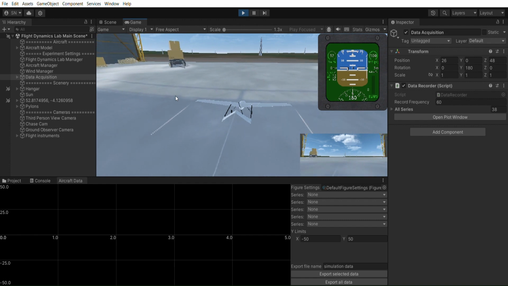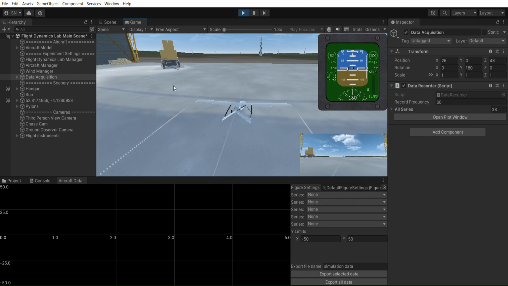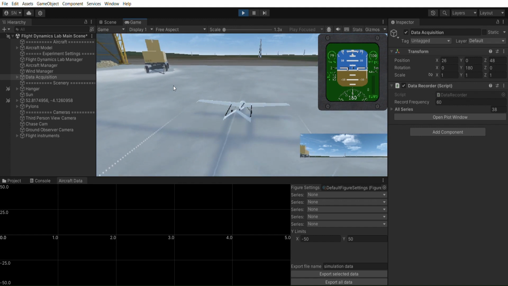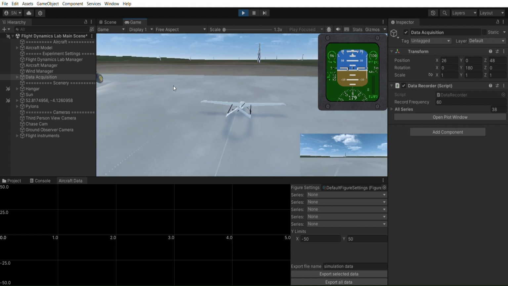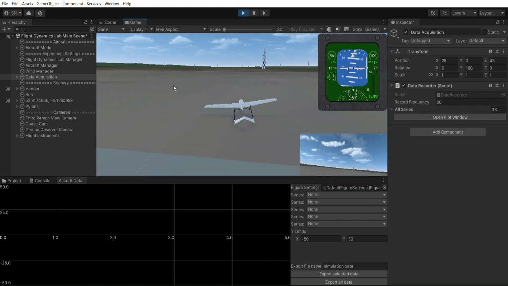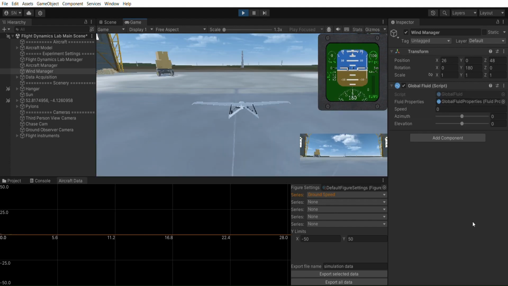And now this is just checking the rudders, and checking the ground steering. Ground out flaps.